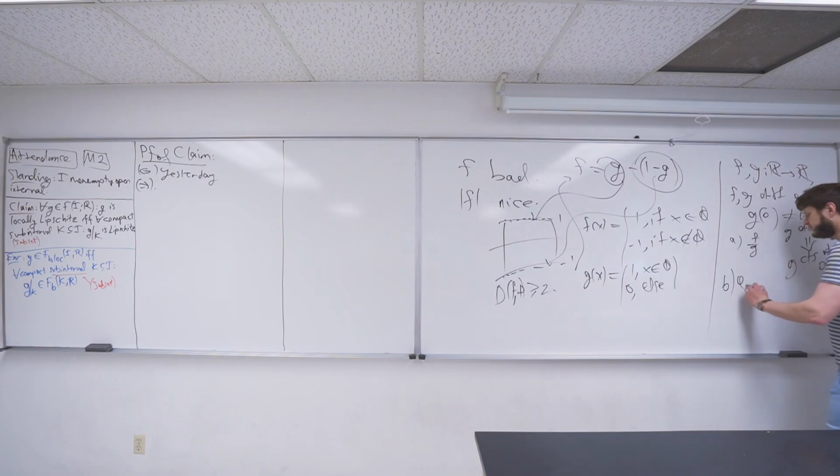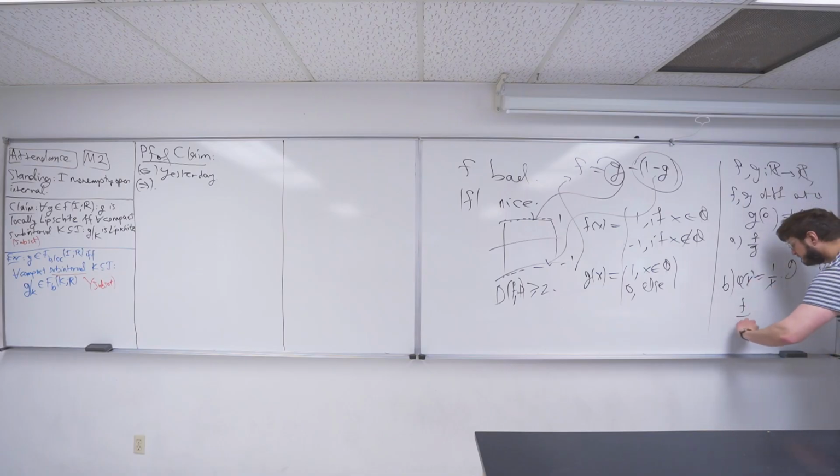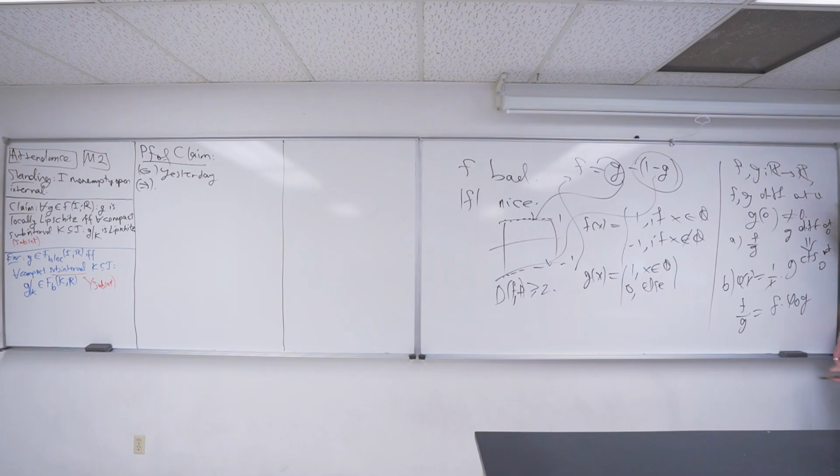So I defined phi of x to be the reciprocal function 1 over x. Then f divided by g is nothing but f multiplied by phi composed with g. And then you apply first the product rule to this, and then the chain rule to this to recover the formula. That's, I think, the easiest way to recover this.